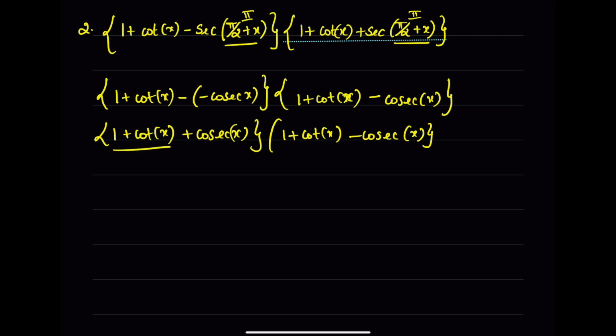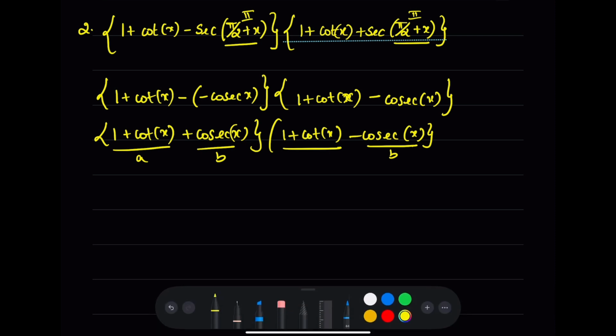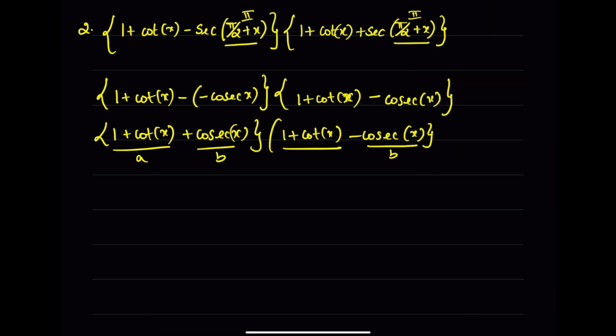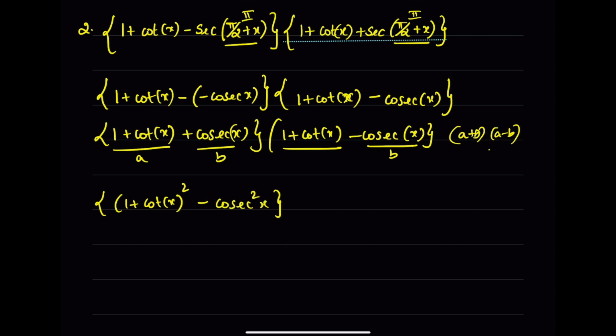Now if you notice here, this is A and this part is B. So we are in a situation where the scenario is A plus B times A minus B. So we can rewrite this as 1 plus cot of x the whole square minus cosecant square x, which is a square minus b square.